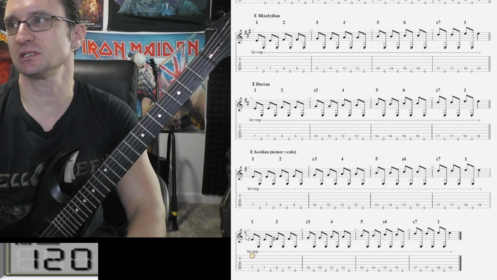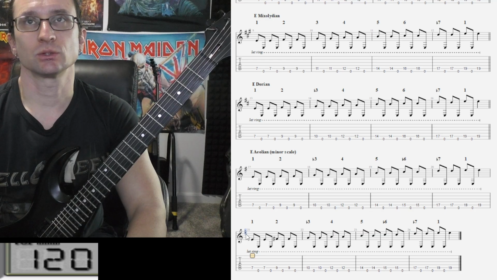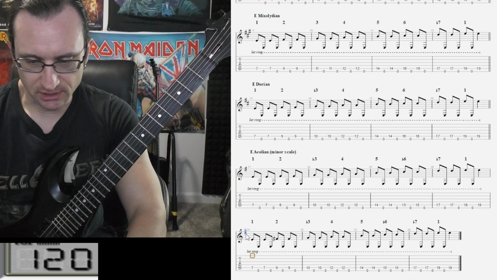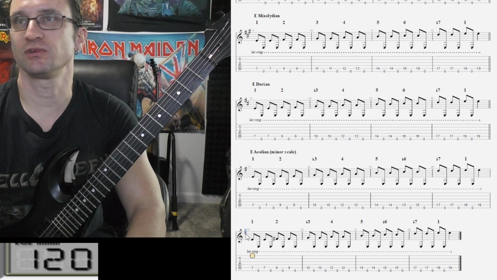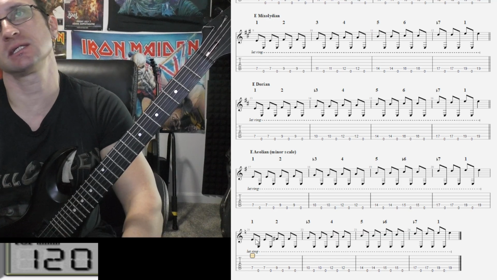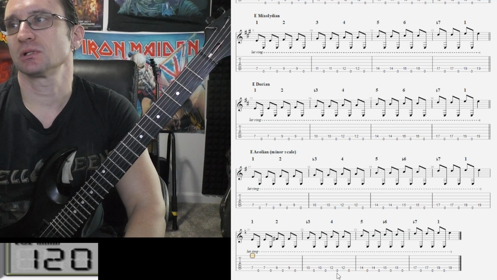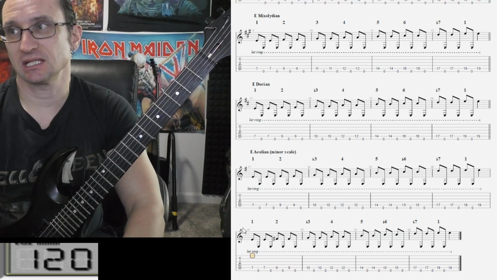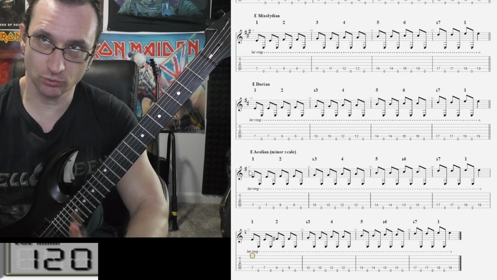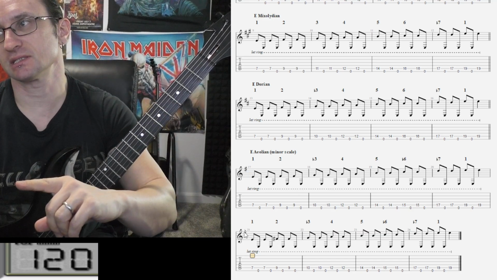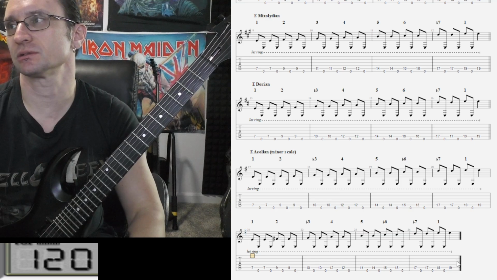So anytime you see this up here, just know that it's a natural sign. So we've gone from another key back to the key of C. Typically when you have the key of C, you don't see anything there. But because we have come from a key with one sharp, that is now indicated in the standard notation.